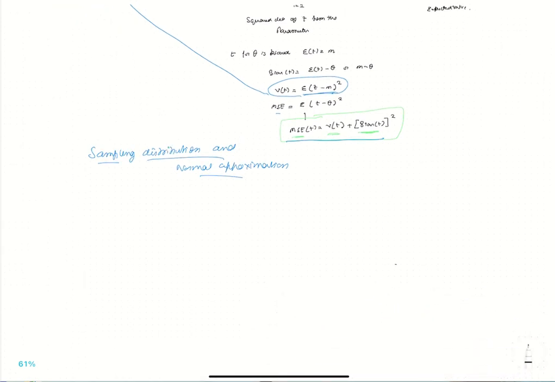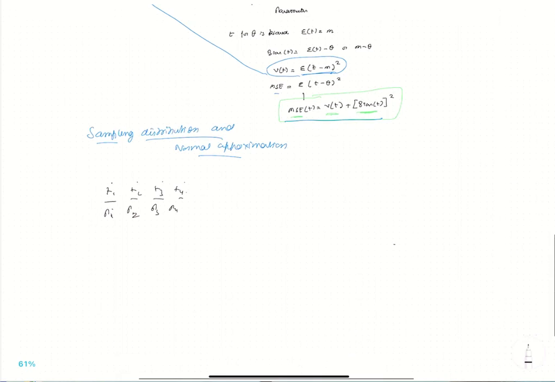Now we can calculate t from a large number of samples from a population, so we can get its probability distribution. We can take a lot of samples, t1, t2, t3, t4, and so on, and get their probability distribution, p1, p2, p3, p4. That is called the sampling distribution of the estimator.